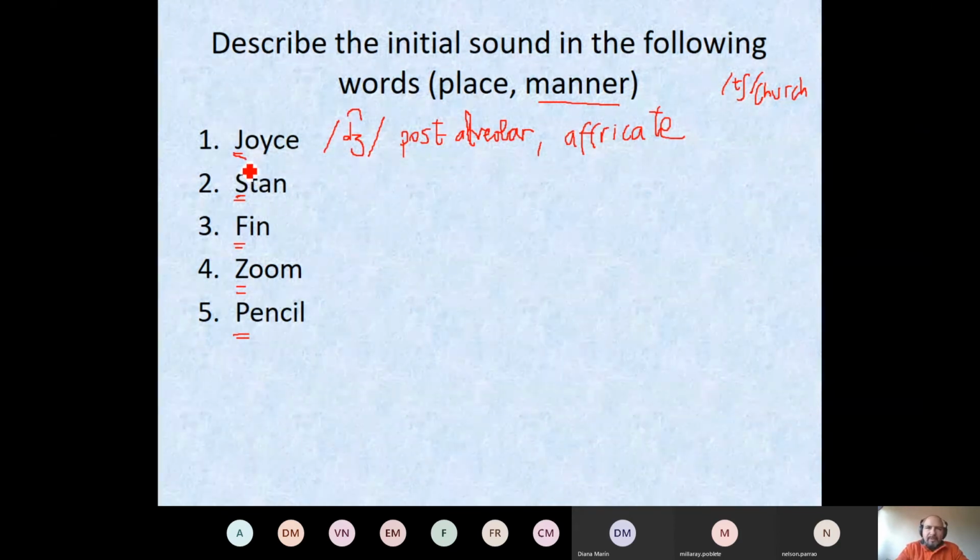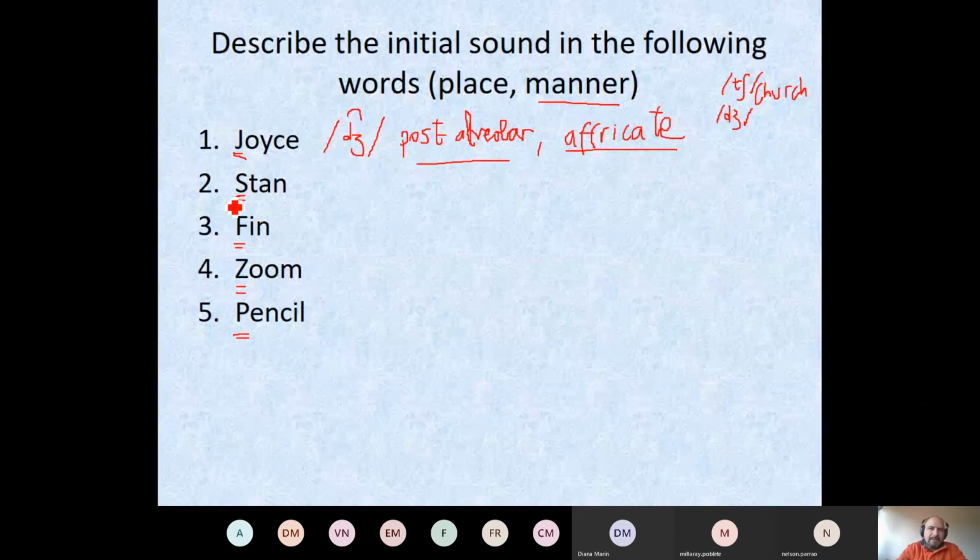Whenever you have a consonant sound with a stop at the beginning and then a fricative, you immediately remember the concept of affricate, which is a combination of two sounds, because there are only two affricate sounds, ch and j. So this one in terms of place is post-alveolar, and in terms of manner is affricate.